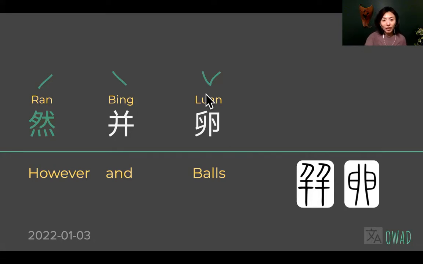并, okay. The character 并 got an original form like this, and we can see it has this human figure, the original 2-leg stick figure, kind of sideways, kind of stylized, because we also have other forms of this 2-legged symbol.